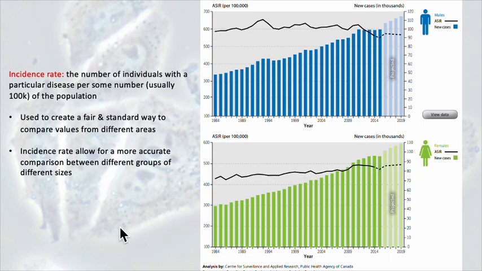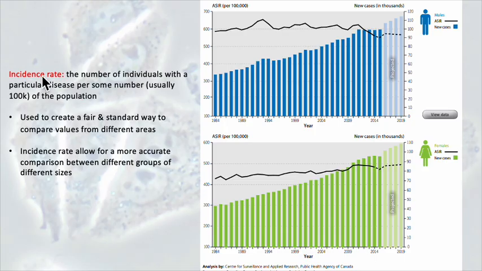Okay, so another term we have here, we already talked about the occurrence or the incidence, but let's highlight incidence rate. So incidence rate is the number of individuals with a particular disease per some number, usually about 100,000 of the population. So for 100,000 people in a population, what number of individuals have that particular disease?